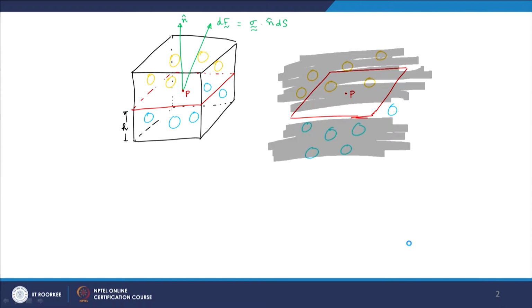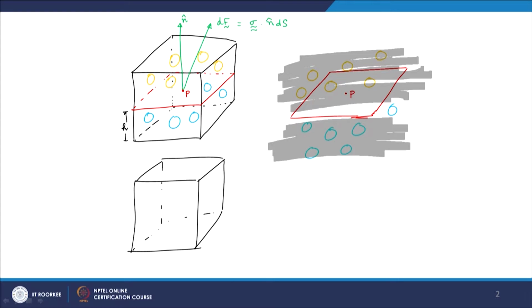So, if I move the plane up or down, in a system like this, if my plane is, say, here or here or anywhere, I can move the plane in the z direction, and I should get the same stress tensor.